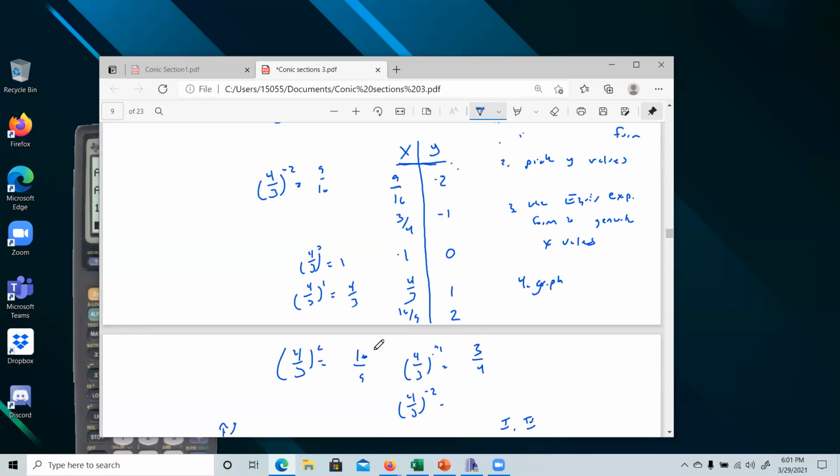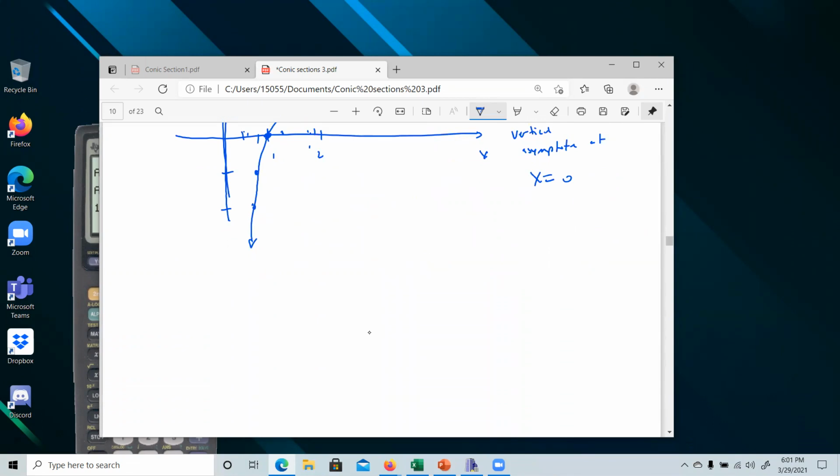Okay, so let's try 3. Let's try log base 3 of x is equal to y. Remember, it's an exponent. So the way we're thinking is 3 raised to the y power is equal to x. Or equivalent exponential form: 3, the base, raised to the exponent y is equal to x, and this is the argument.